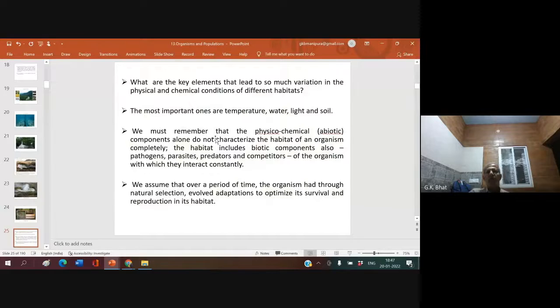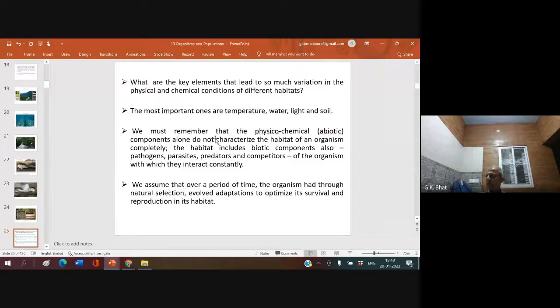What are the key elements that lead to so much variation in the physical and chemical conditions of different habitats? If you look into the different habitats, what is a habitat? Habitat is the place of occurrence. So, different habitats have different physical and chemical conditions.